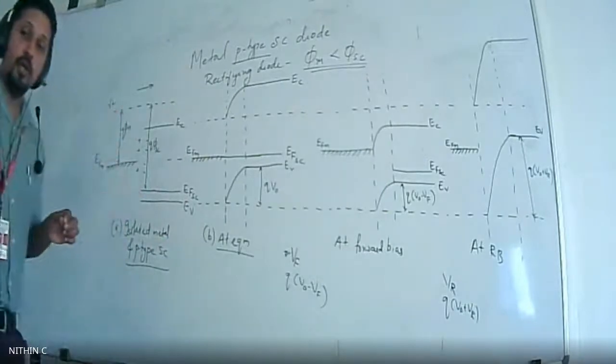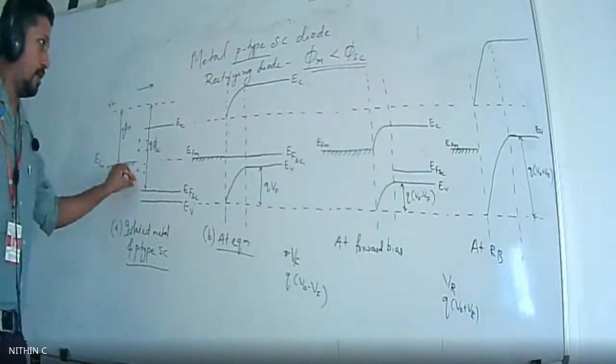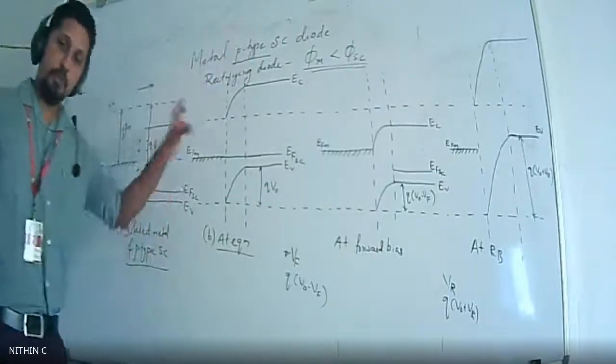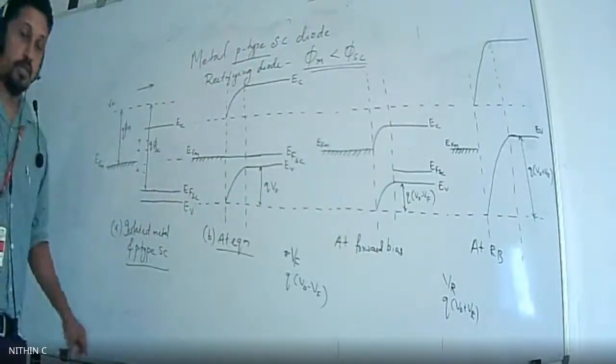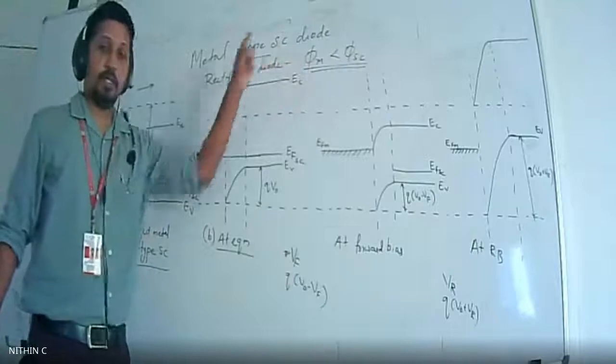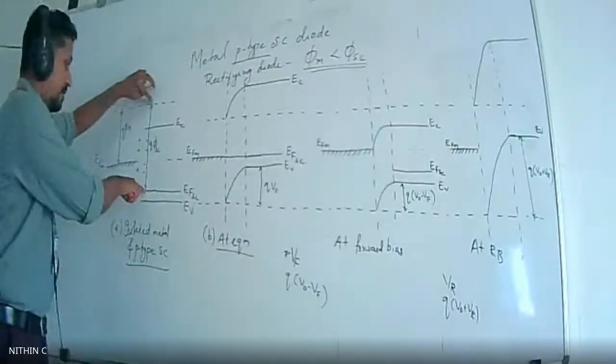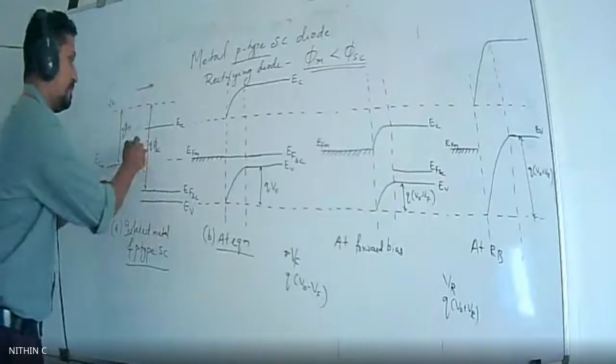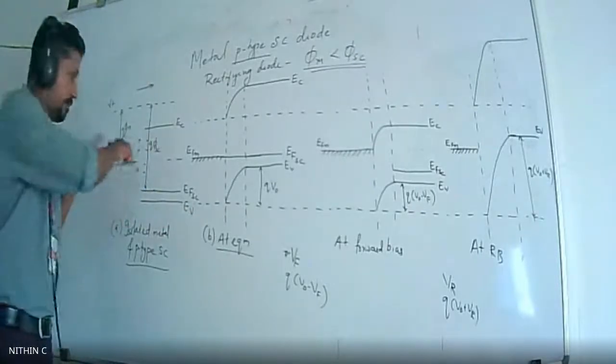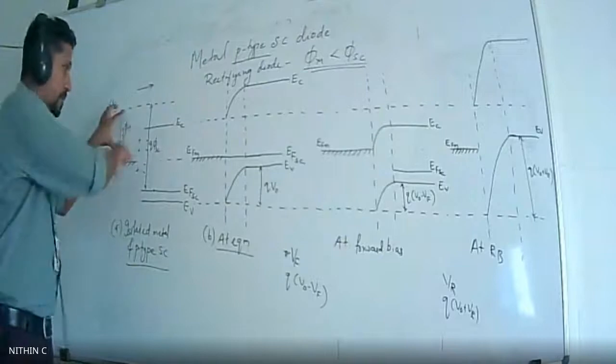And we also have to make sure that this condition is satisfied for rectifying diodes: in a P-type semiconductor, phi m has to be less than phi sc. So we made it in this manner. We can mark EV here, because we need to satisfy this condition also, phi m less than phi sc.